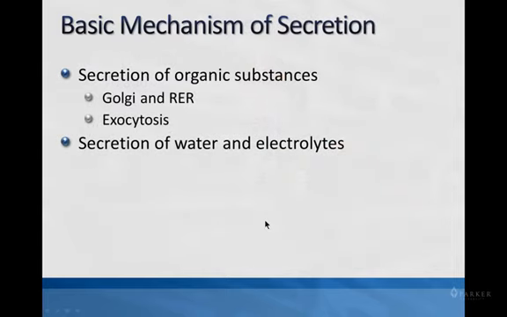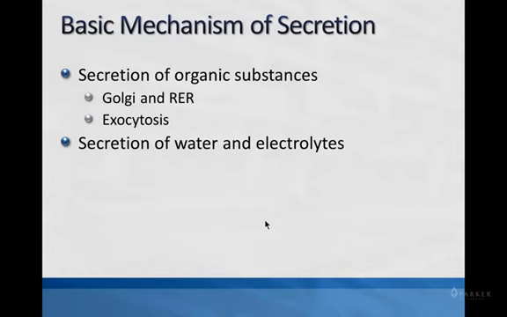Now, what's involved overall in getting the secretions out into the lumen of the GI tract is basically stimulation, either nervous system or hormonal. You will increase, through its second messenger systems, the production of certain proteins.